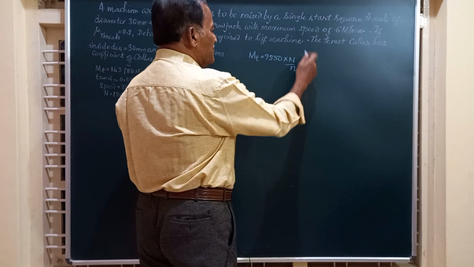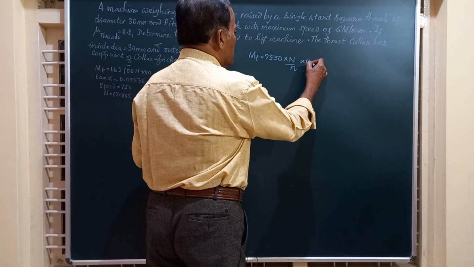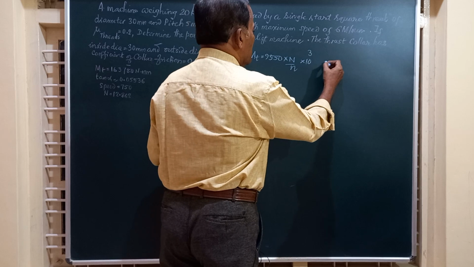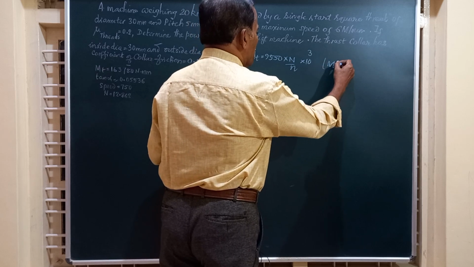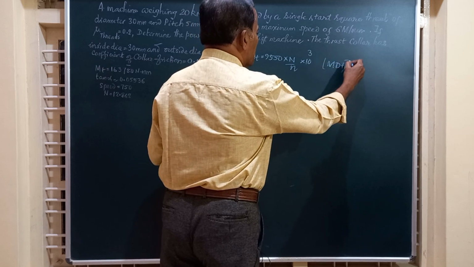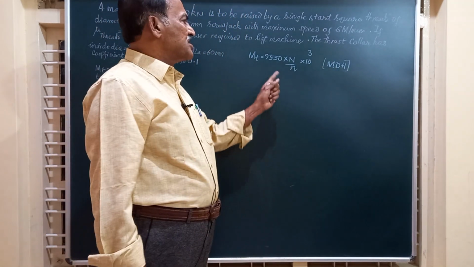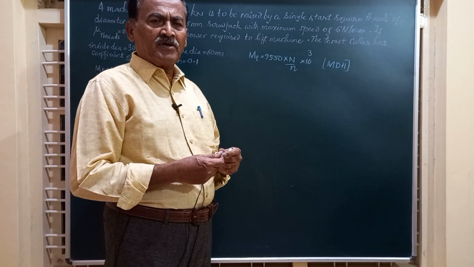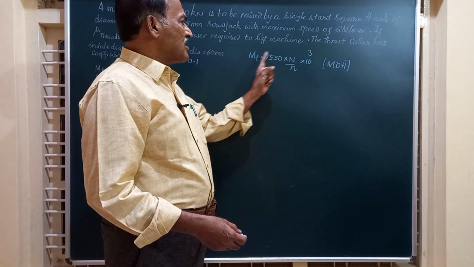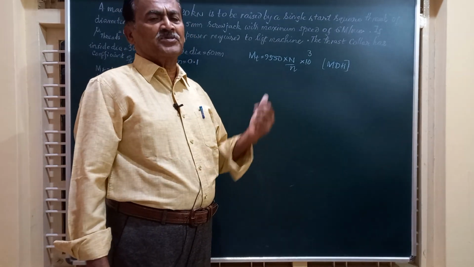This will be in terms of Newton meter into 10 to the power of 3. This is given in MDH. If you refer to any machine design data handbook, you will have this relation. This is nothing but P is equal to 2 pi N T by 4500. That's all converted and reduced to this form.